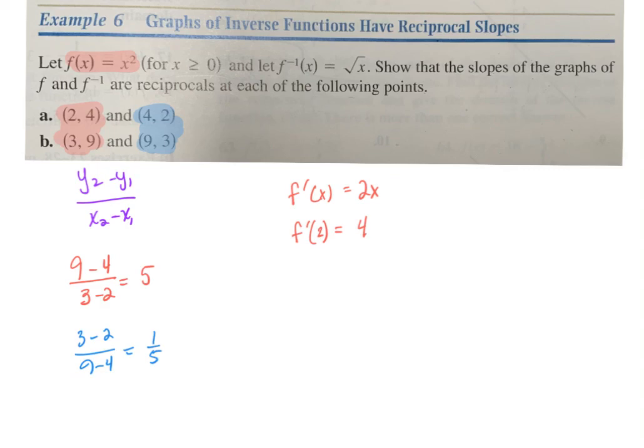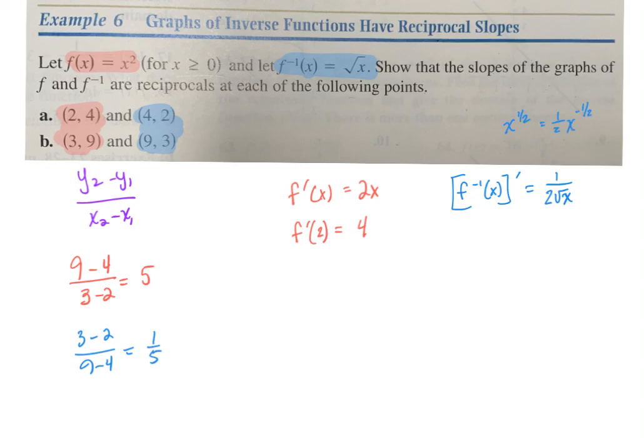Let's take my second one, this function right here, and let's do this derivative. The derivative of this guy is going to be 1 over 2 square root of x. That's my derivative because it's x to the 1/2, multiply by the 1/2, subtract 1.